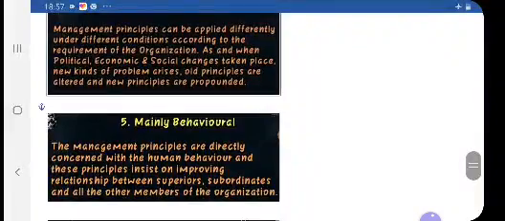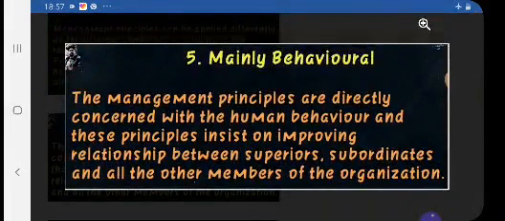Now the next feature, mainly behavioural, means the management principles are directly concerned with human behavior, and these principles insist on improving relationships between superiors, subordinates and all the other members of the organization. Means it is totally related to the behavior of human beings, and what reaction or action there is, that is focused.